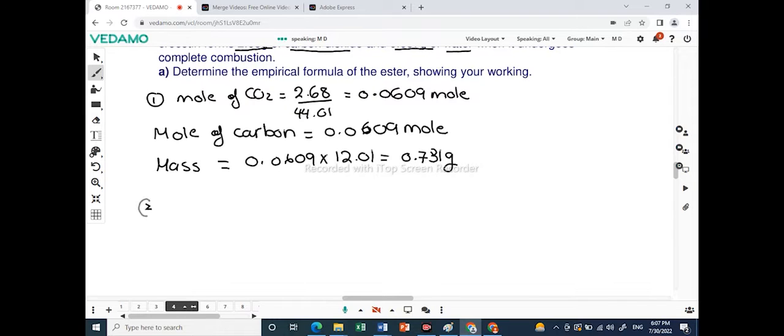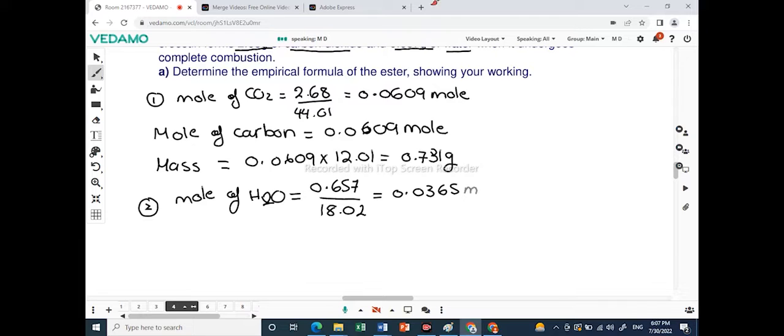We're going to start working on the mole of the water. So we will start with mole of H2O. We will take the mass, which is given inside the question, which is 0.657, and we will divide it over the molar mass of the water molecule, and the final answer would be 0.0365 mole number.